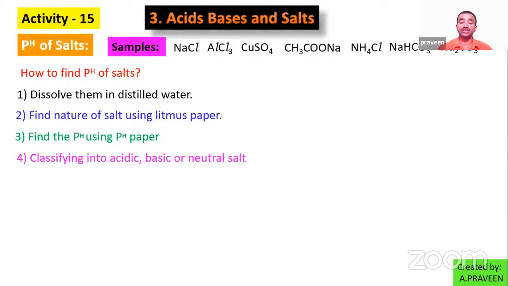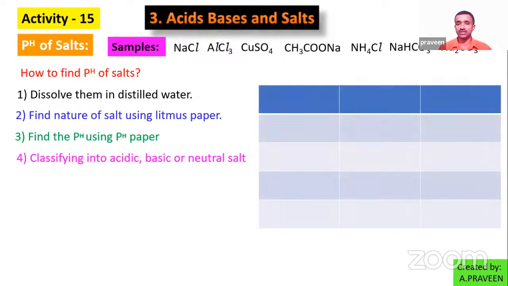Then one table is given in your textbook, activity number 15. Eyes here on the screen. That has 3 columns to classify the salts into acidic salts, basic salts, or neutral salts.